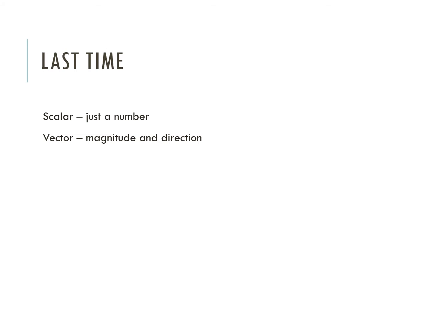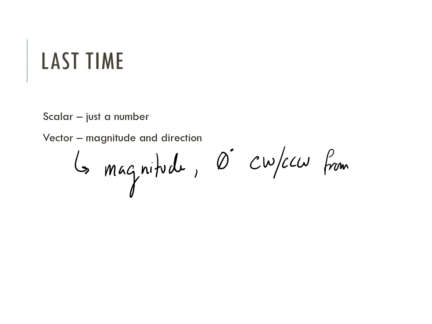We talked about two different ways in which we can represent vectors. We had our magnitude and angle, where we represent the angle in degrees with respect to a certain direction, so clockwise or counterclockwise from some axis, positive or negative x, positive or negative y.